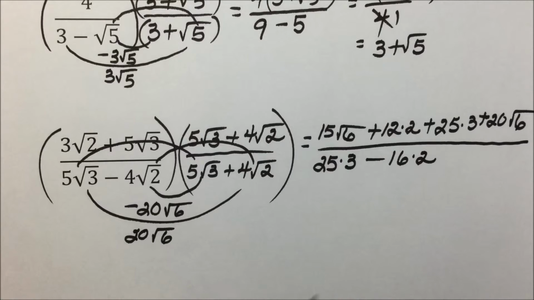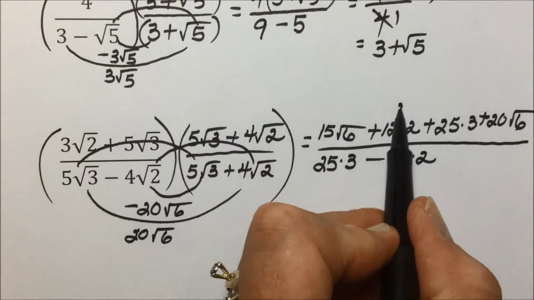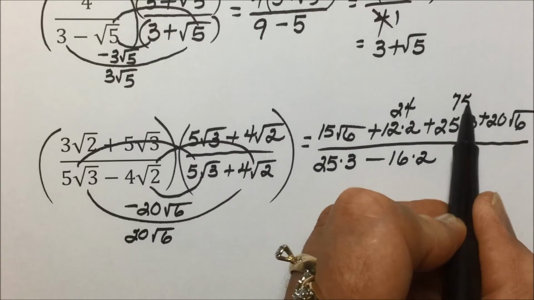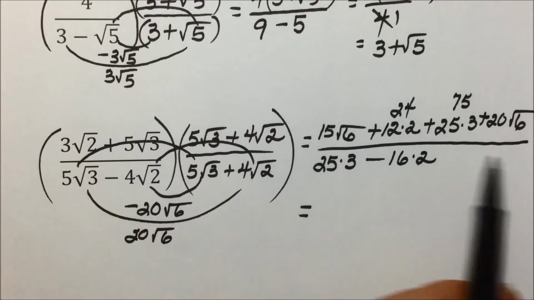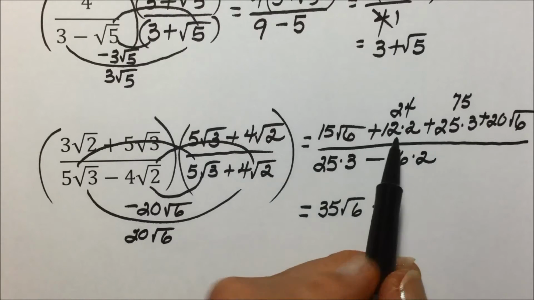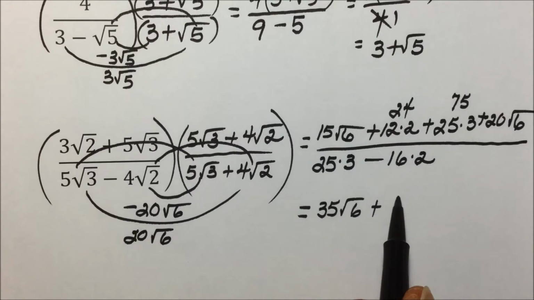Simplifying this further, in the numerator, 12 times 2 is 24. 25 times 3 is 75. Combining like terms then, we have a 15 times the square root of 6 plus 20 times the square root of 6. Turns out to be a 35 square root of 6. And combining our integers, 24 and 75, is a 99.